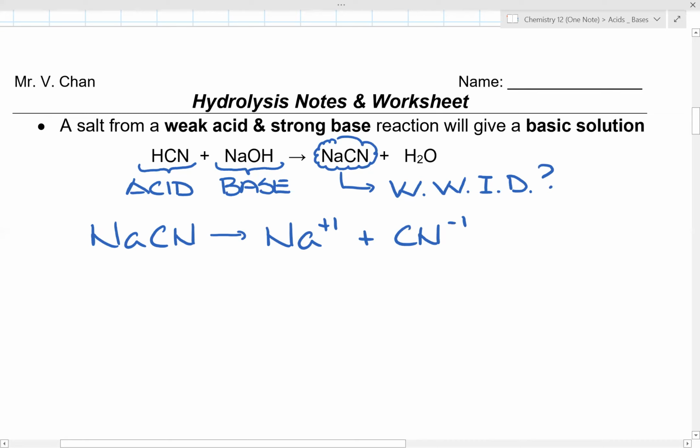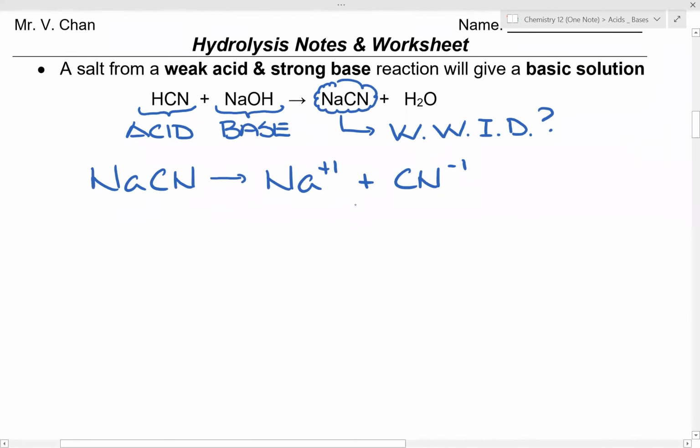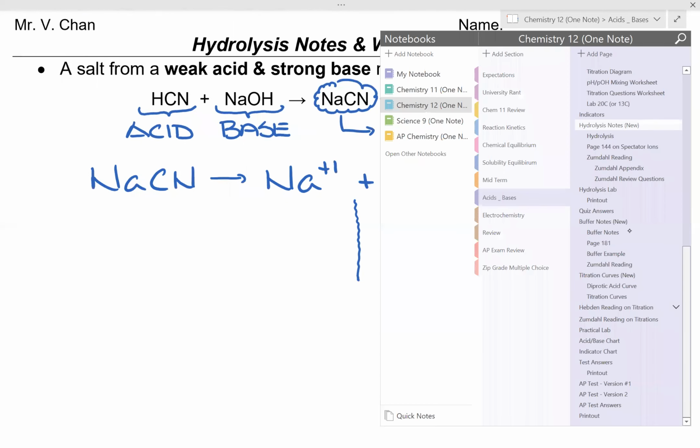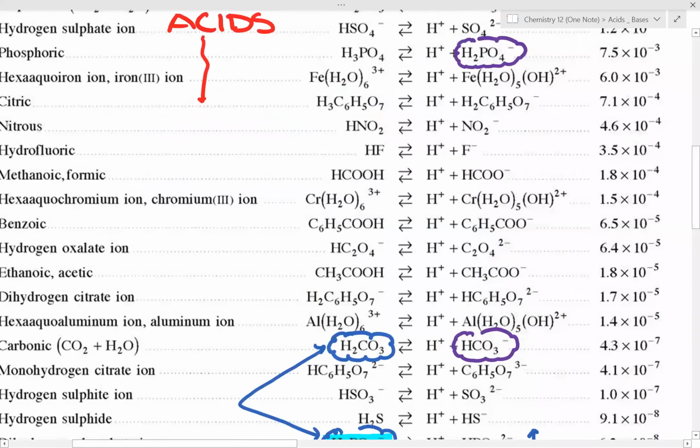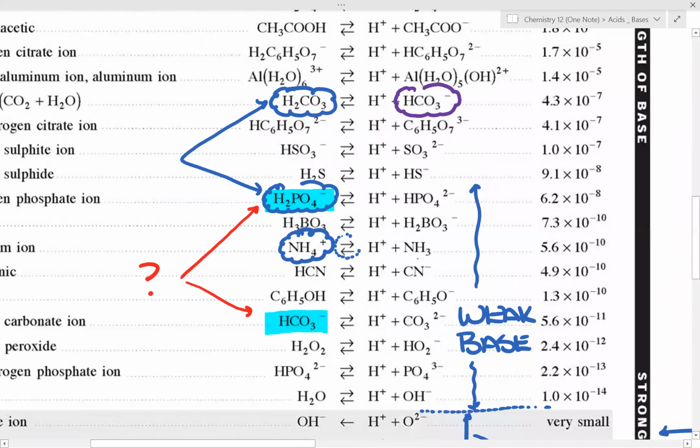Now, again, what you want to do is look for the location. In this case, if we look at CN -1 on the acid-base chart, where's my acid-base chart? Notice CN -1 is right here.